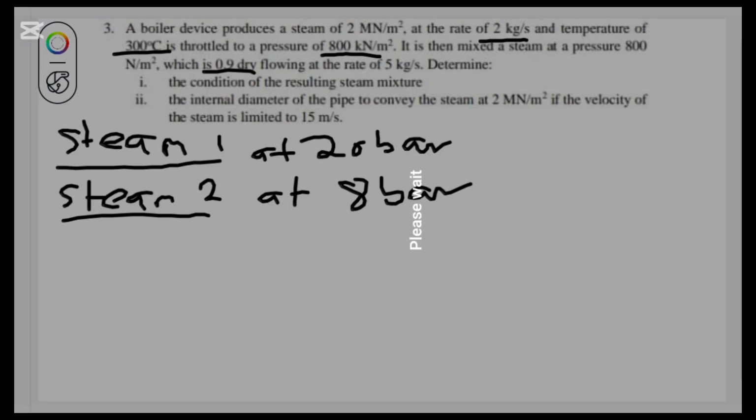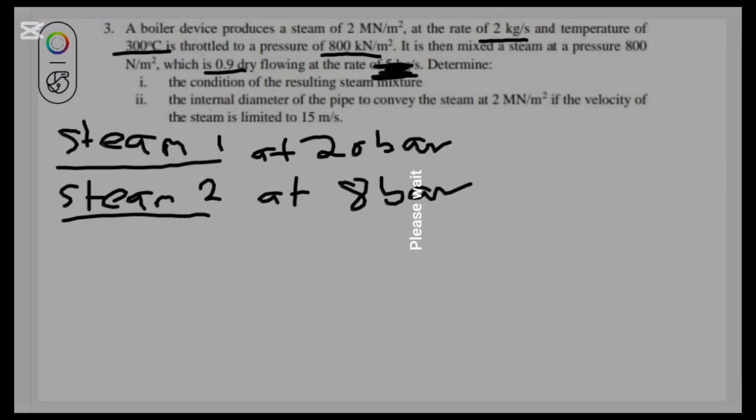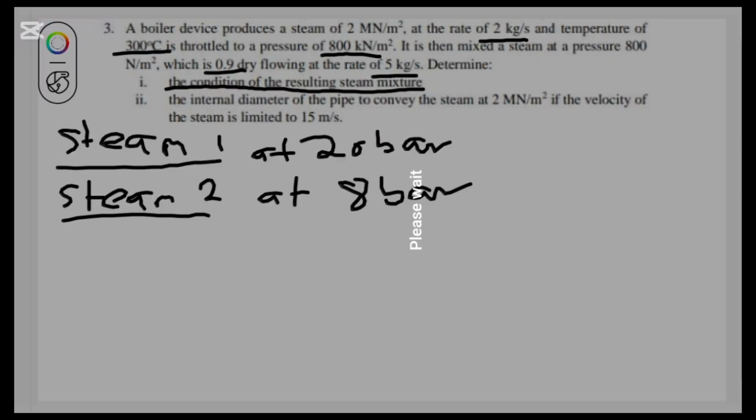The mass flow rate 2 is 5 kg per second.